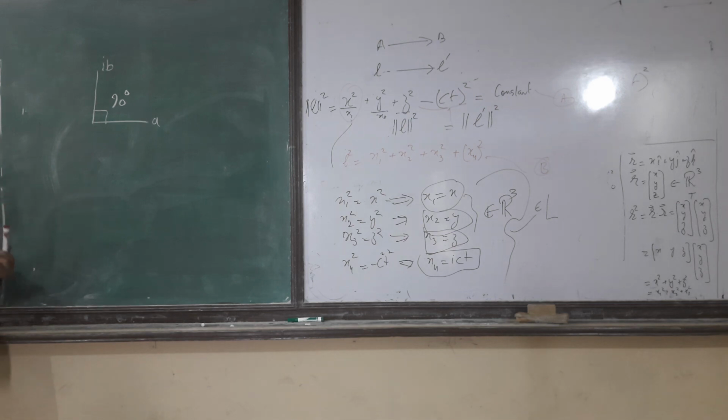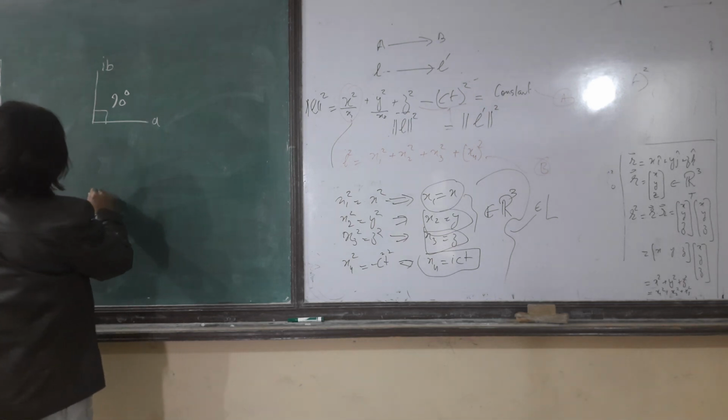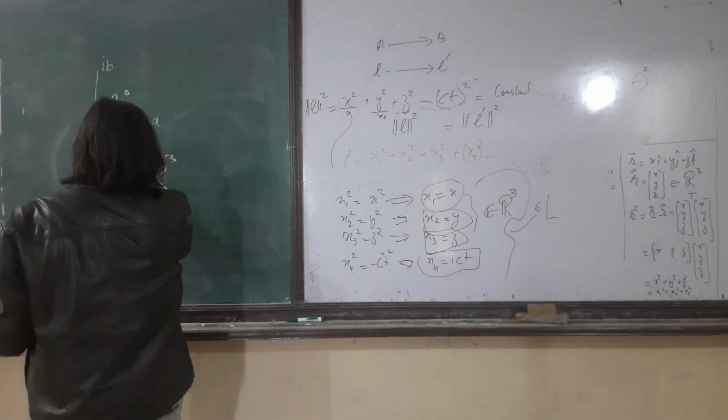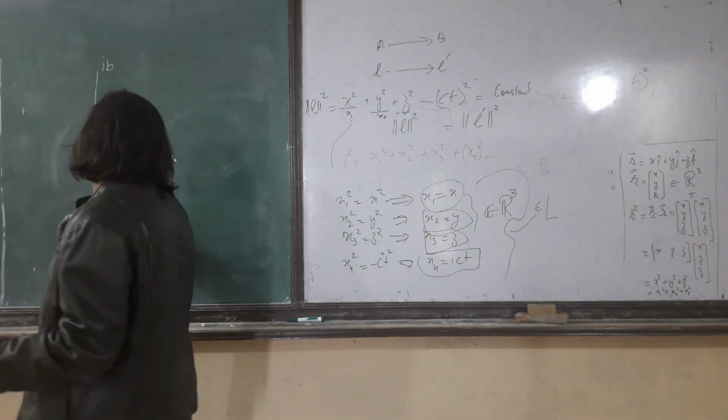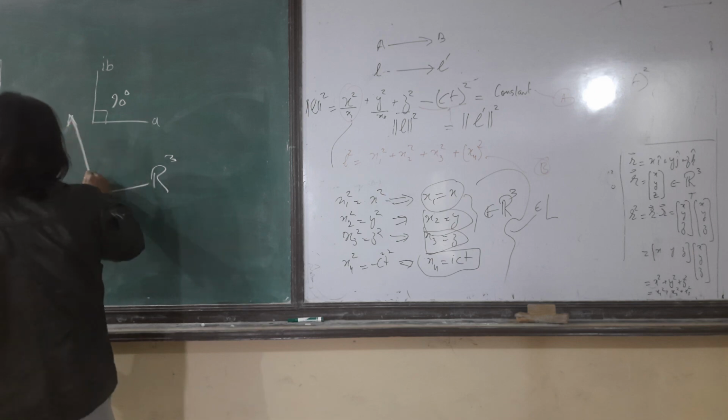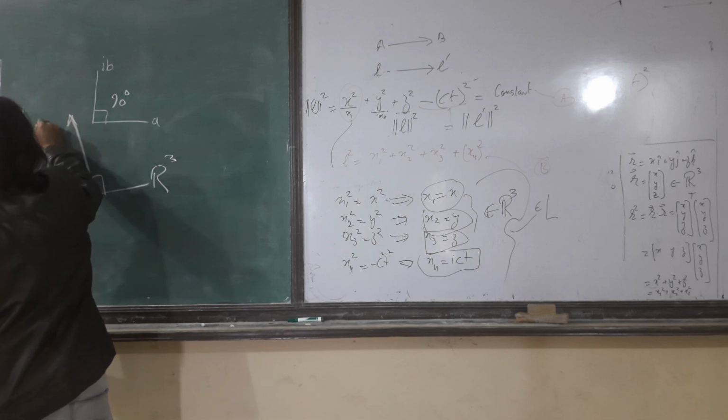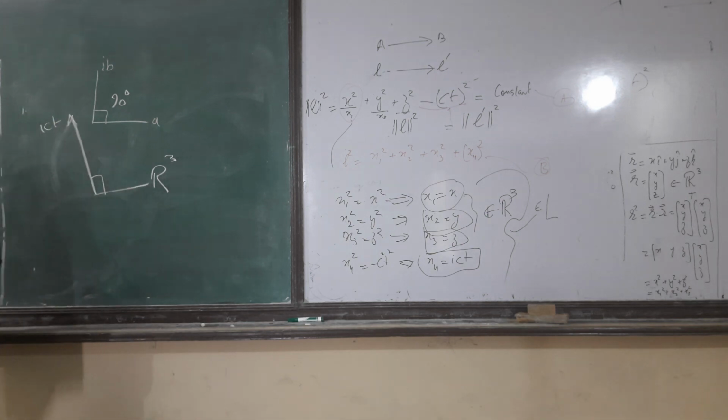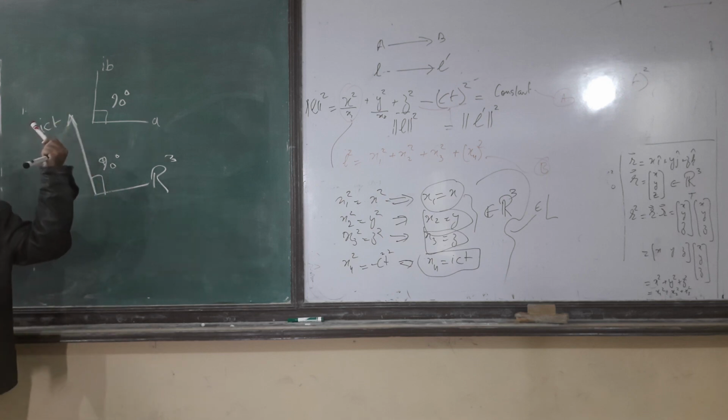So if I say that this is R cube, then this will be iC, and the angle between them is 90. So all these components will be independent from each other. This is R3, x, y, z, they are making angle 90 with, and this will be orthogonal with the imaginary axis. So that's it.